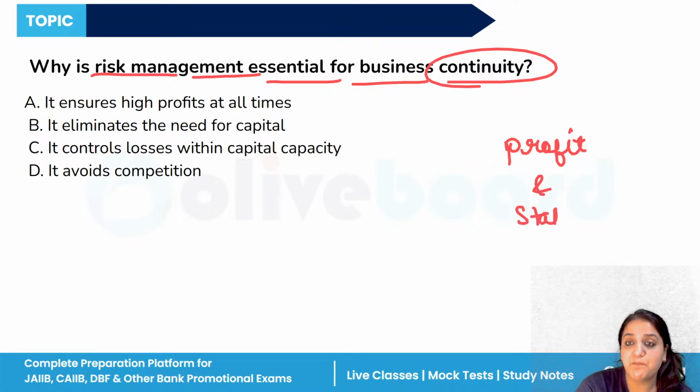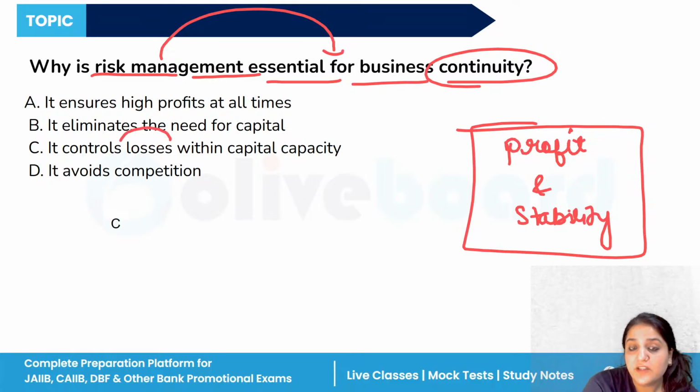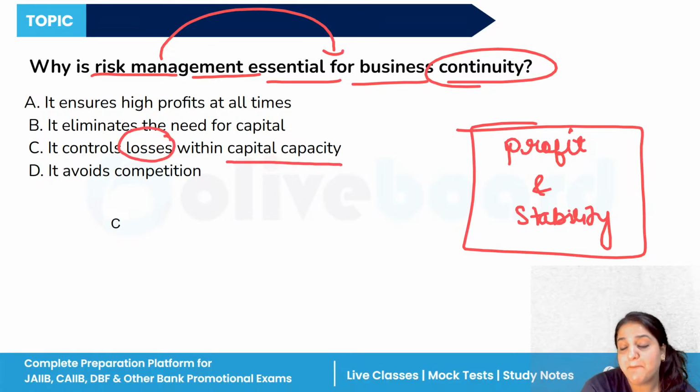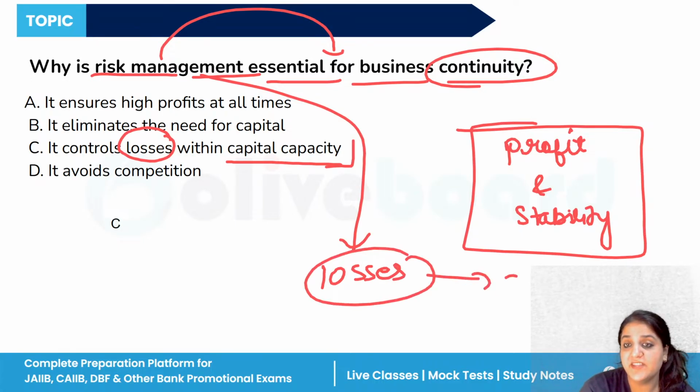Obviously, when both of these are there in a business, they can compete in the competition, right? So basically, risk management helps business continuity. Why? It controls the losses within capital capacity. That is great. Risk management is able to control the losses just within the capital capacity.